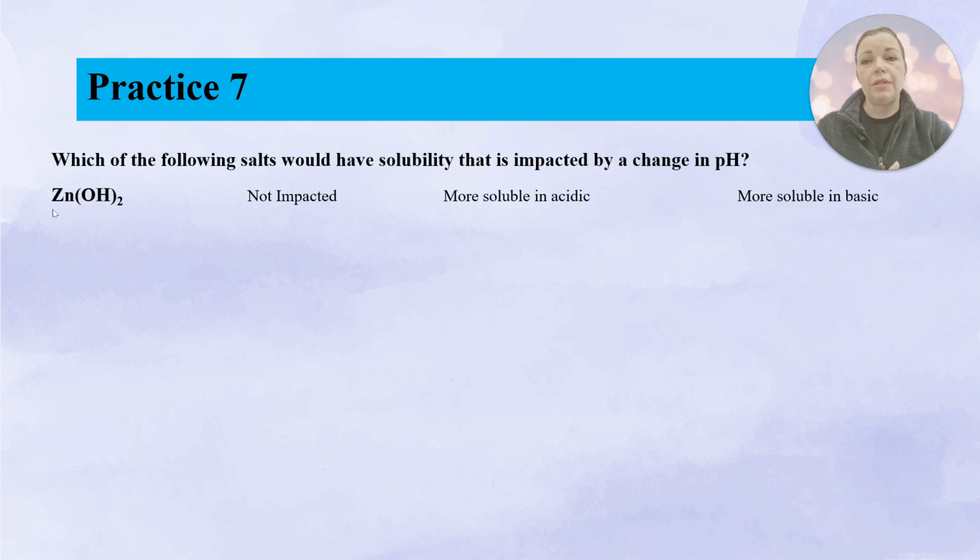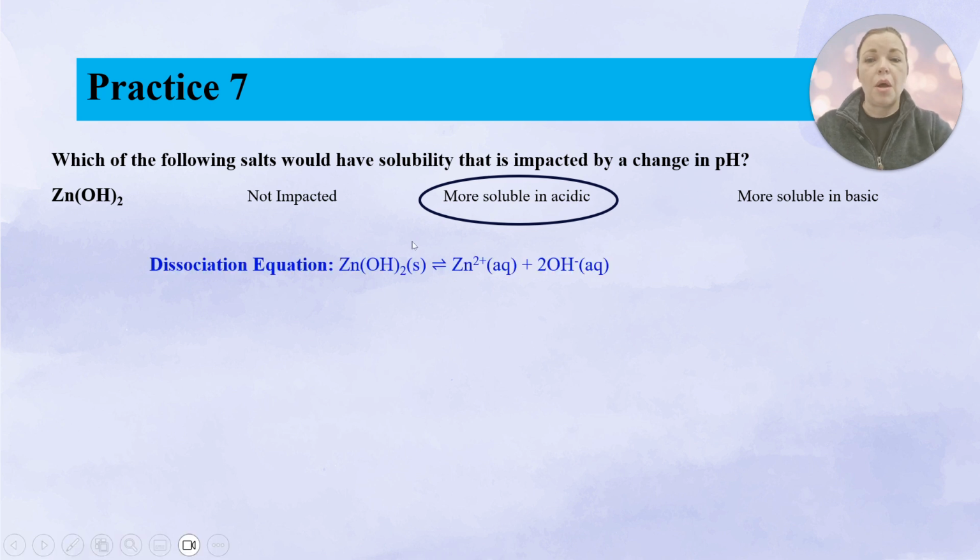So we'll start with the zinc hydroxide here. This will be more soluble in acidic solutions. You have the dissociation equation here: zinc hydroxide is in equilibrium with Zn2+ and 2 OH-. What we can see is that this OH- is the part of the dissociation that will be impacted by pH.